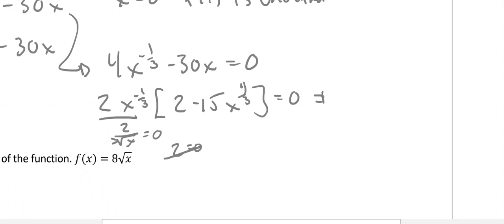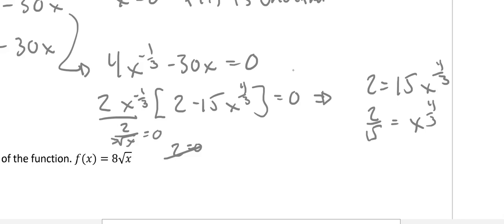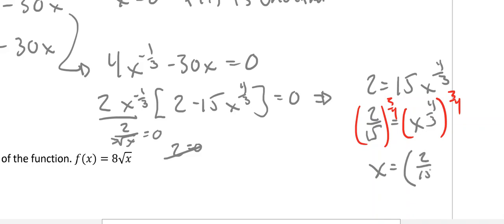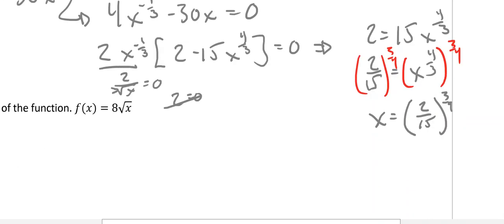Here we have 2 equals 15x to the 4/3, or 2/15 equals x to the 4/3. Raising both sides to the reciprocal power, which is the 3/4 power, we end up with x equal to 2/15 to the 3/4 power, which is going to give us two answers, and those will be decimal answers.